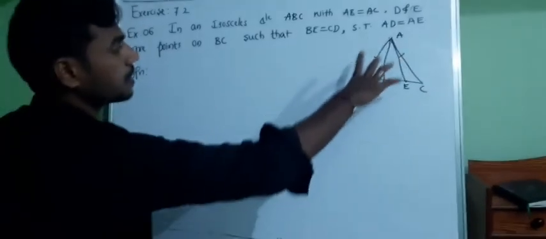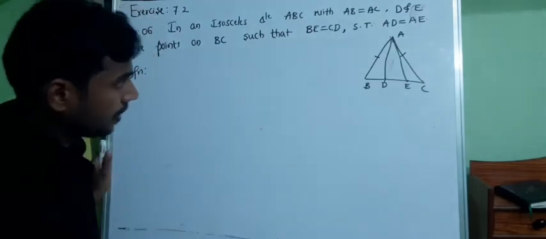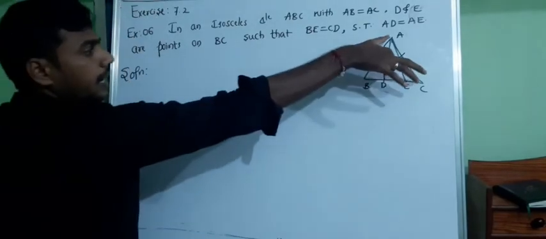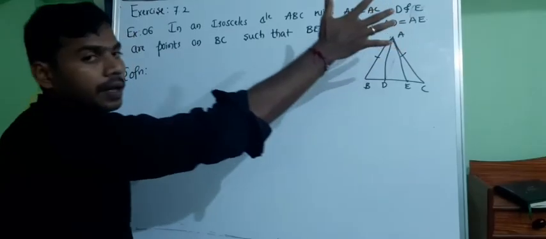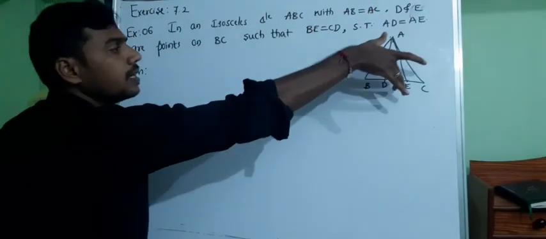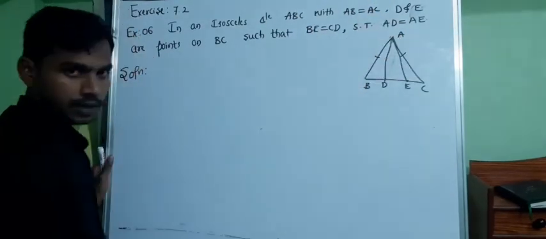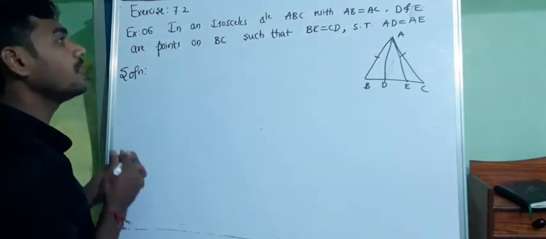So in an isosceles triangle, AB is equal to AC. We need to prove AD is equal to AE. For that, we need to show that triangle ABD is congruent to triangle AEC. By CPCT rule, we can easily say that AD is equal to AE. So for that, I need to consider those two triangles.